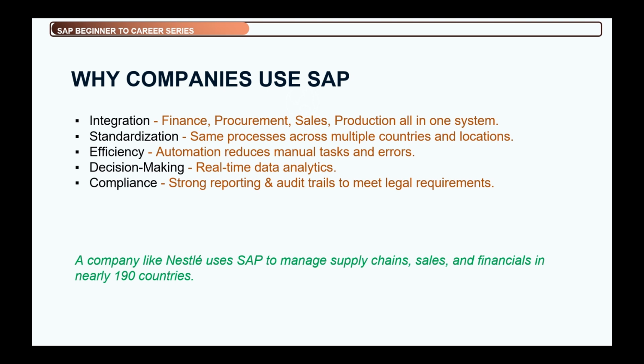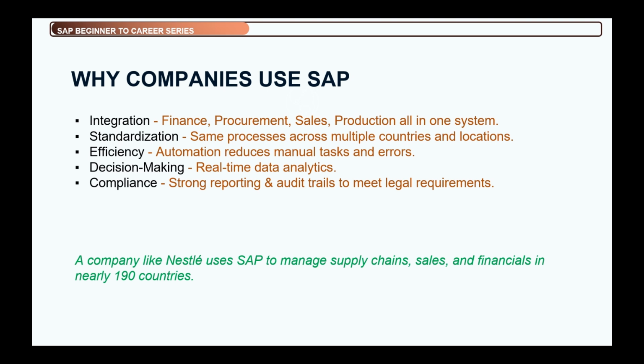And the second point is standardization. When it comes to the ERP solution, it should be standardized among all other companies. So, the same processes across multiple countries and locations. SAP provides a standardized solution.